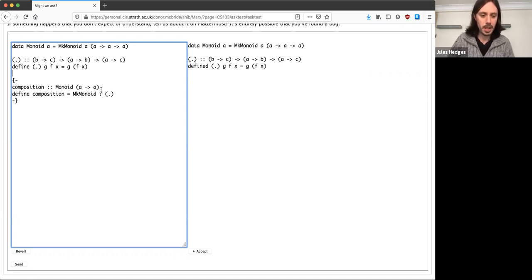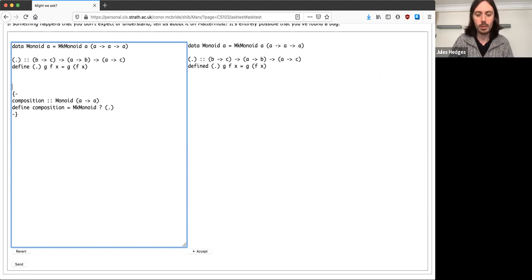Before talking about the neutral element of this monoid, let's make a start on one of the equations that we need to prove to know that this thing is a monoid, which is to prove that h after g after f is equal to h after g after f, with the brackets in different places.